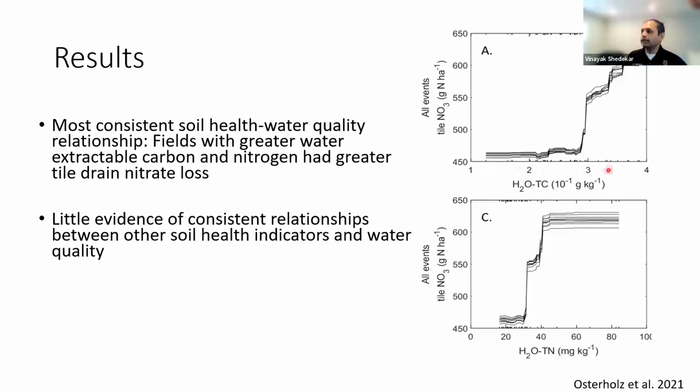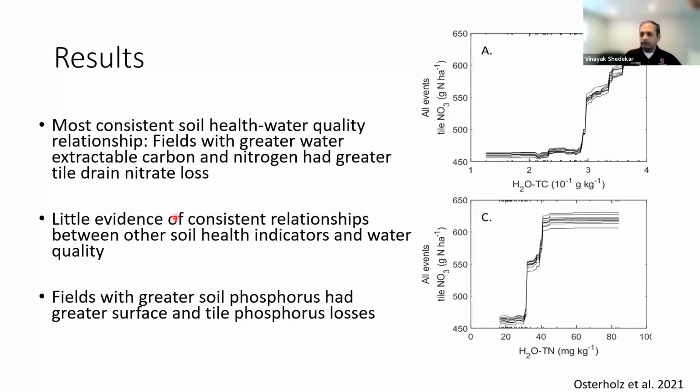In general, the greater the organic carbon, the greater the nitrogen losses. That was part one. There was little evidence of a consistent relationship between other soil health indicators and water quality. So this is probably the only one that was highlighted in that study. Fields that had greater soil phosphorus had greater surface and tile phosphorus losses in general.